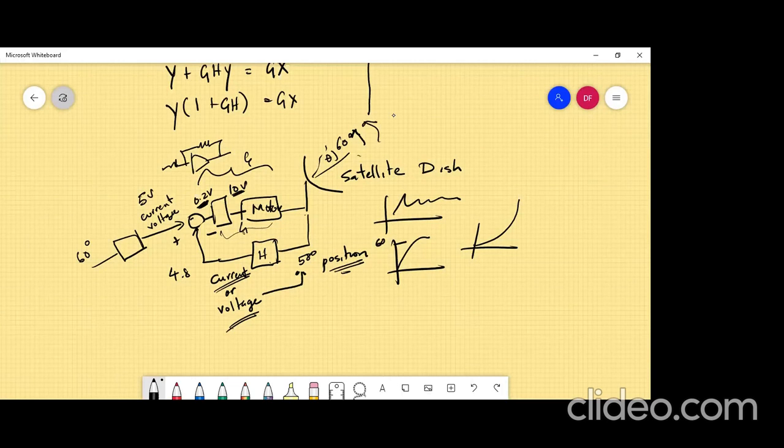And sometimes you want to turn it slowly, or sometimes quickly. Those are the issues that we are concerned with in any system at all. So I look at everything as a system.